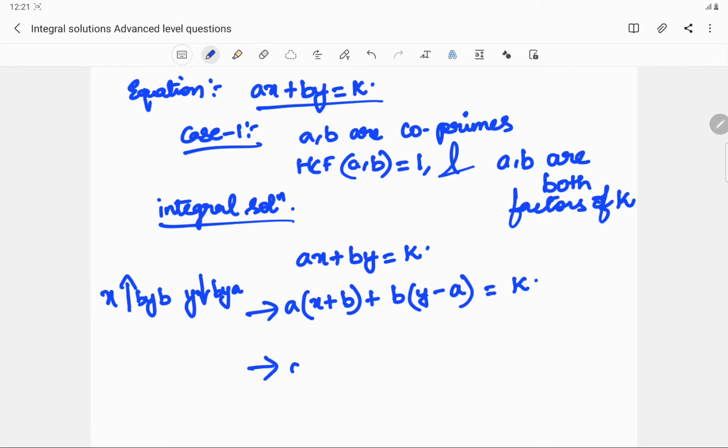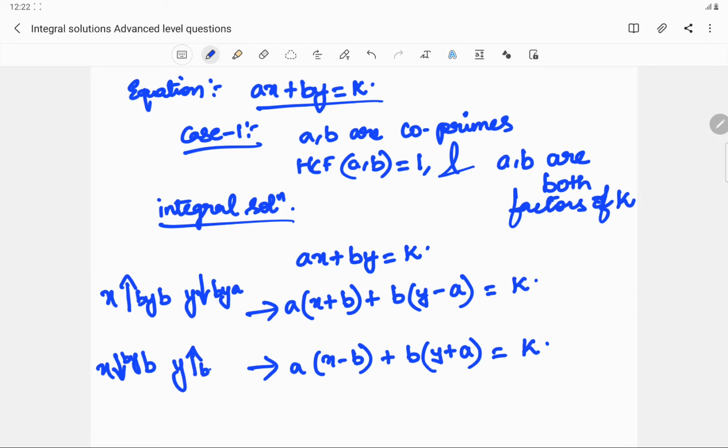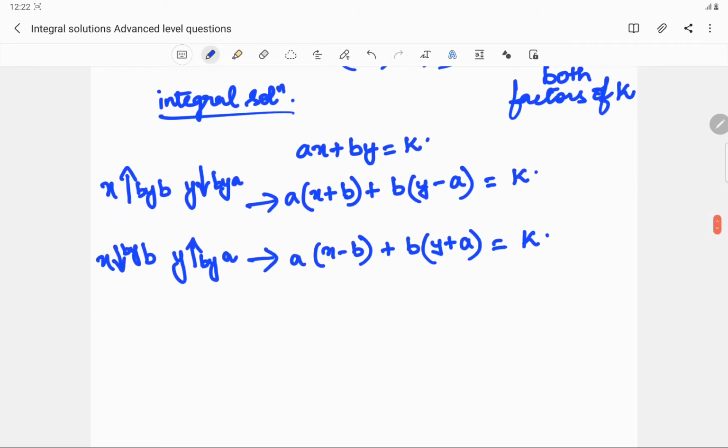Similarly, when x is decreased by b, y must increase by a. Just an observation based on this equation. These two are the observations based on this equation.